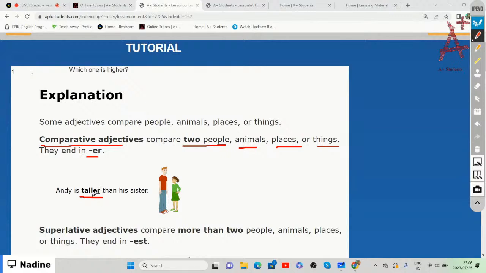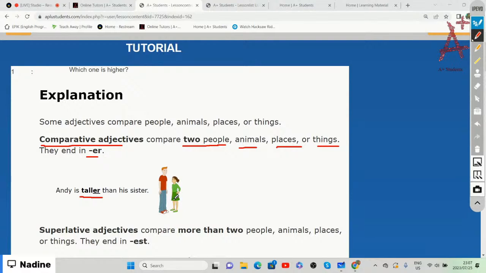However, the er that is added to the word tall shows that it is a comparative adjective comparing two people within this sentence. So Andy is being compared to his sister, which means that Andy is taller than his sister. The two siblings are now being compared in height, which means that the one is taller than the other.